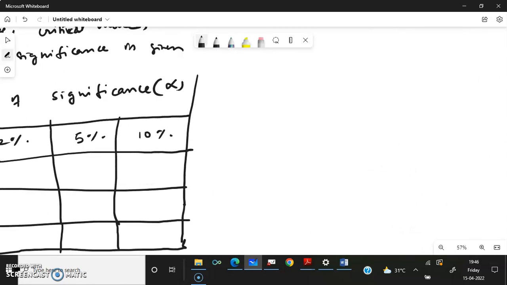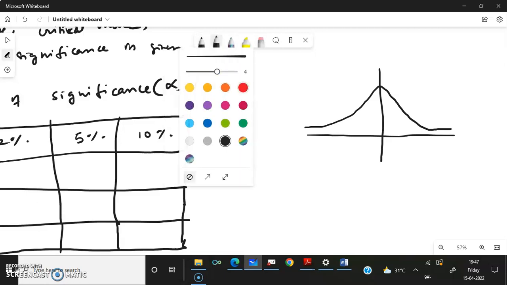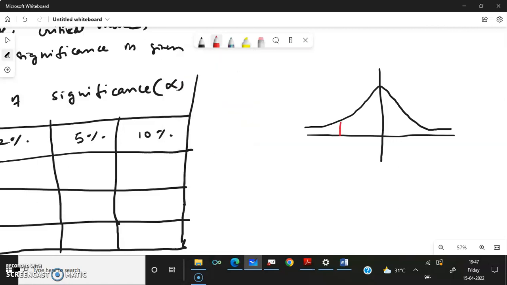Now we'll draw the normal curve. In a normal curve, the critical value may lie here, or it may be here.